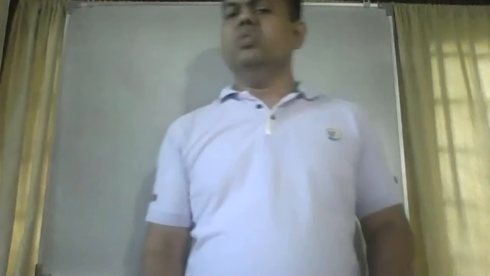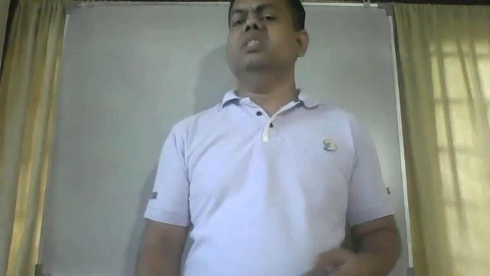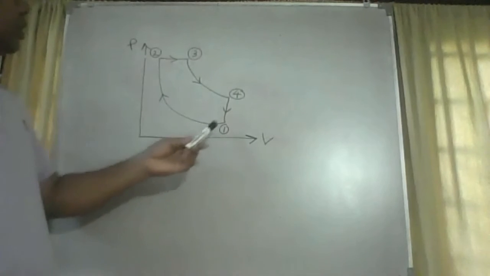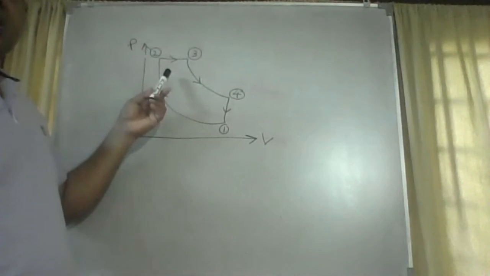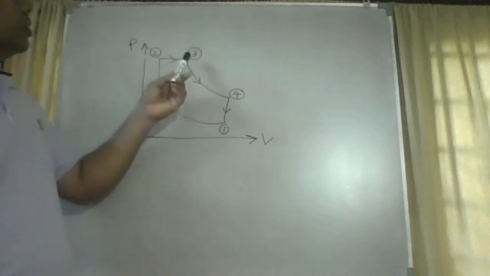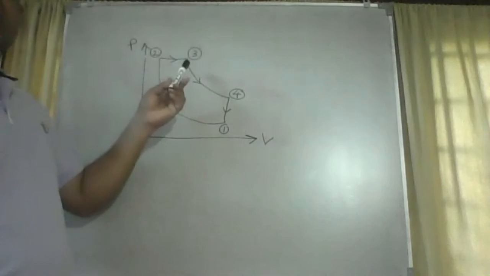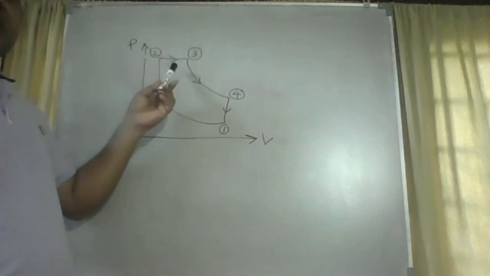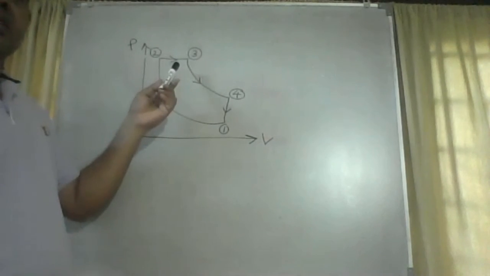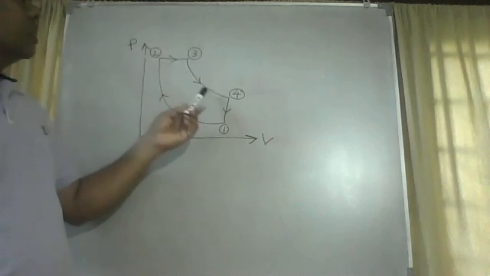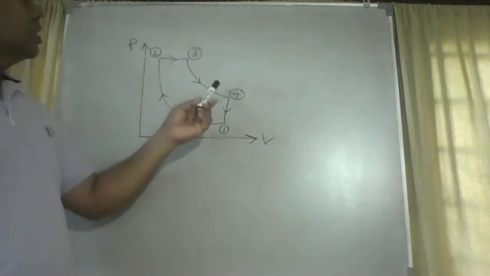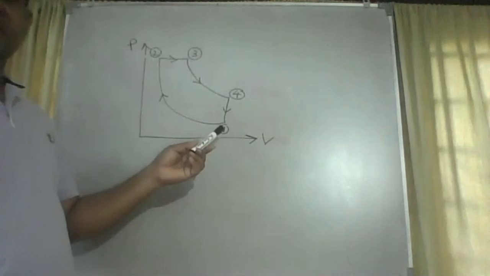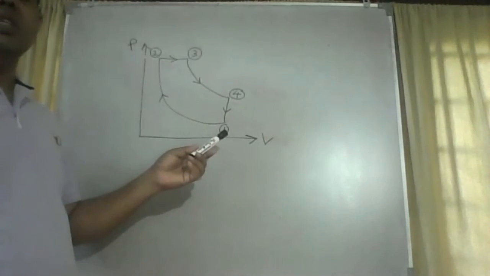The PV diagram for the diesel cycle, which is used in diesel engines, is as follows. 1 to 2 process represents the compression stroke. 2 to 3 represents the combustion of the fuel. 3 to 4 represents the power stroke of the engine. 4 to 1 represents the heat rejection of the engine.